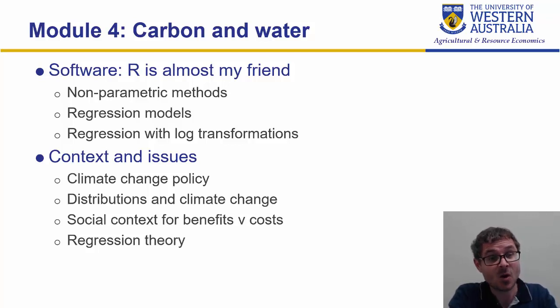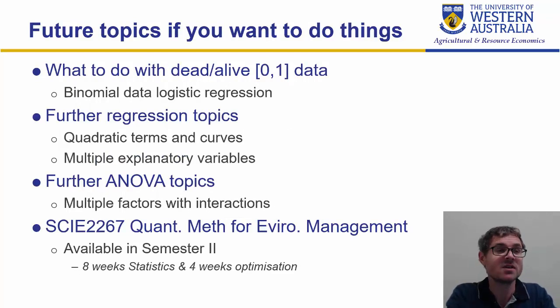So that's the course. One thing that I also want to highlight is, obviously there are lots of things that we didn't cover. An obvious one that we haven't had time to cover is what to do with 0-1 data. That's germinate, does not germinate, something is dead or alive. We call that binomial data, and there's a particular matching kind of regression method that we use for that kind of data.